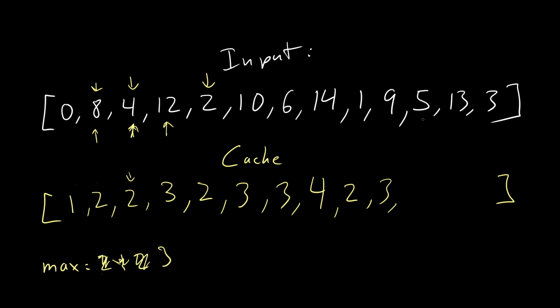Yeah, and then we finish, let's see, and then, wait, did I do something wrong? I did one thing wrong here. 9 is bigger than 6, and 6 is 3, so 9 should be 4.